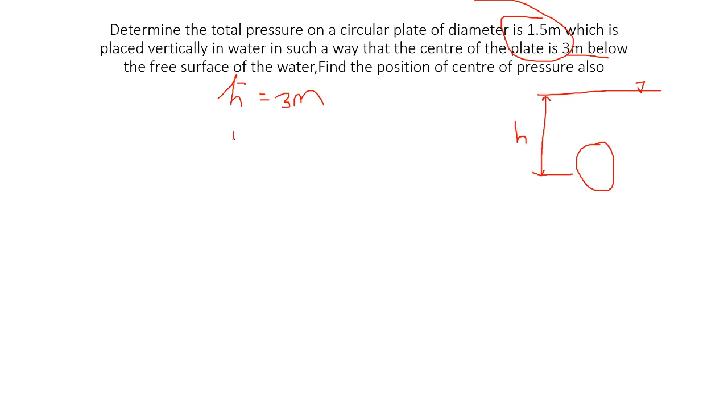Force equal to gamma of water into area into x bar. Or else you can write it as rho g into area into x bar.